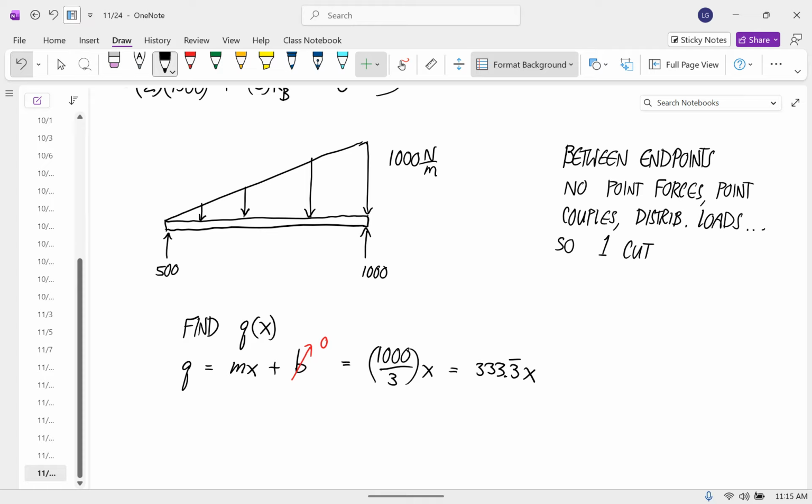That's not right. It'll give you 500. That was bad dividing. Any questions about that function Q? So what we should see at the end, if it works out, is that our derivative of v with respect to x equals that Q. That's one of our checks that we have at the end.